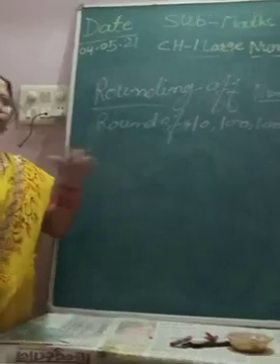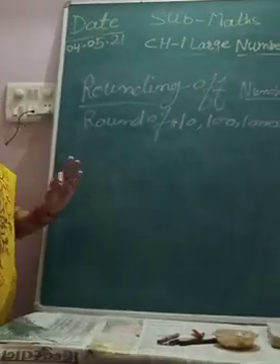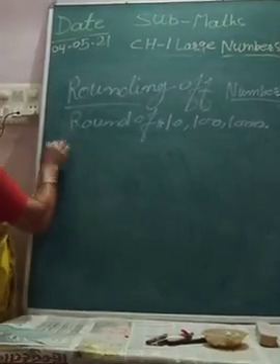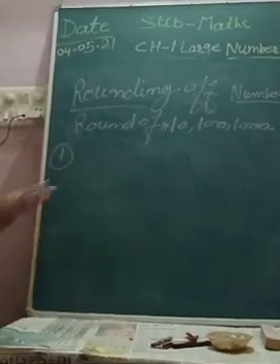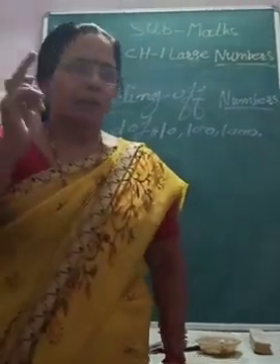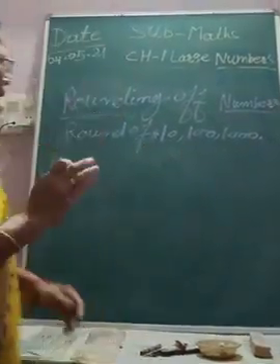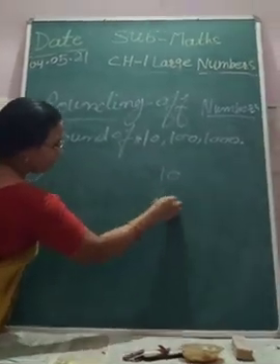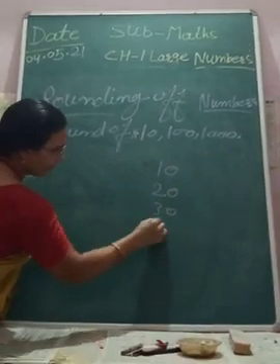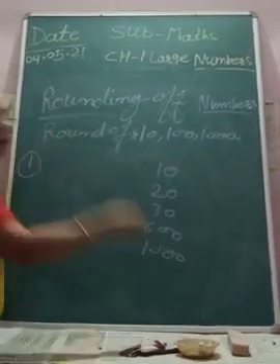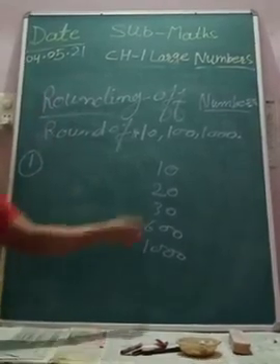You just have to understand one simple thing. Suppose I have written a number. First I am going to tell you: if any digit has 0, suppose I have written 10, 20, 30, 600, 800, 1000, 20,000, 50,000, lakh.